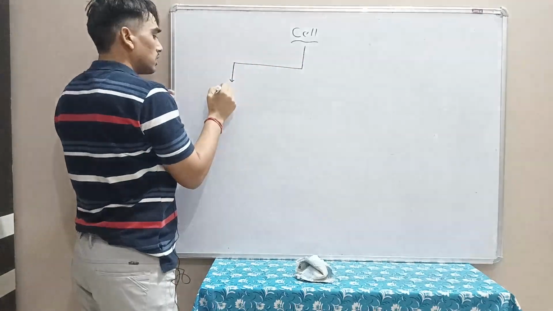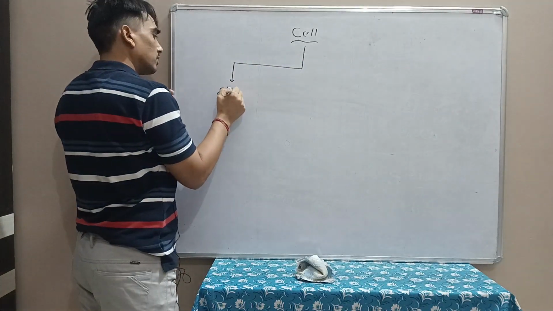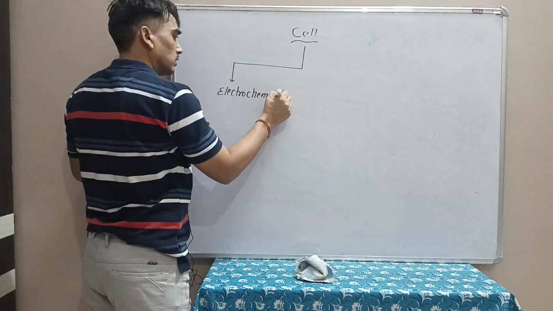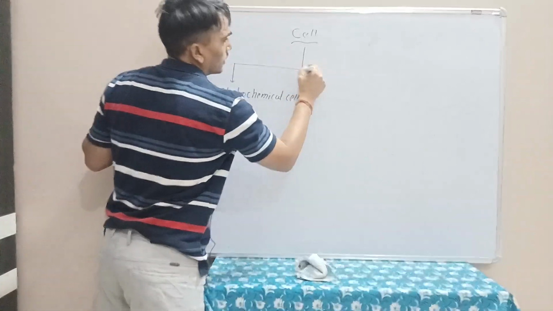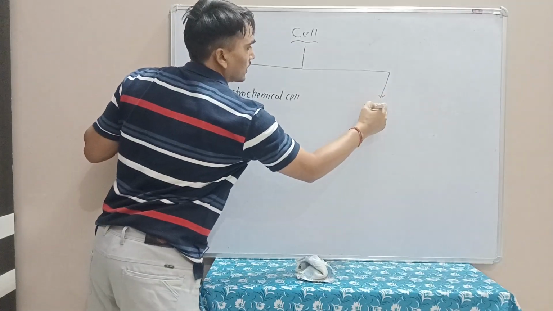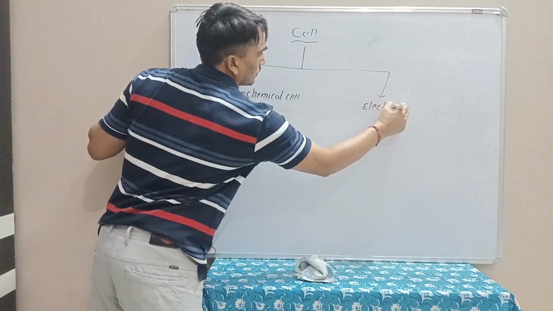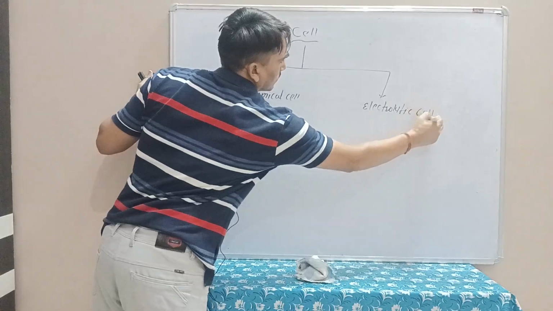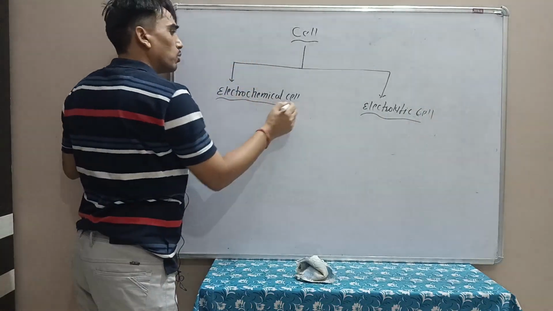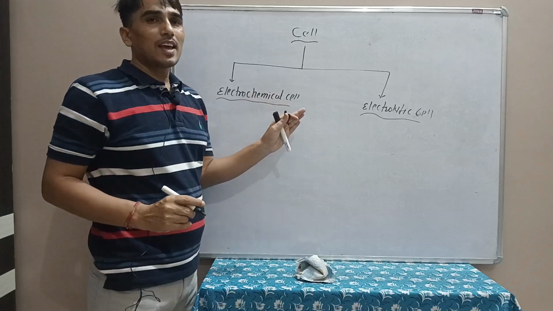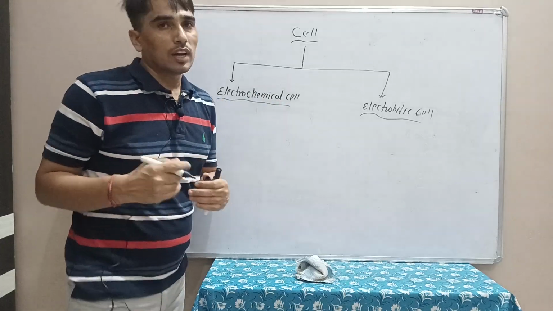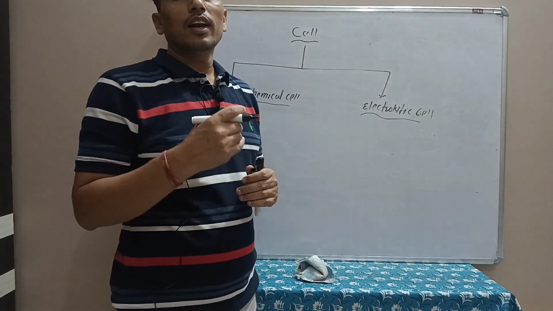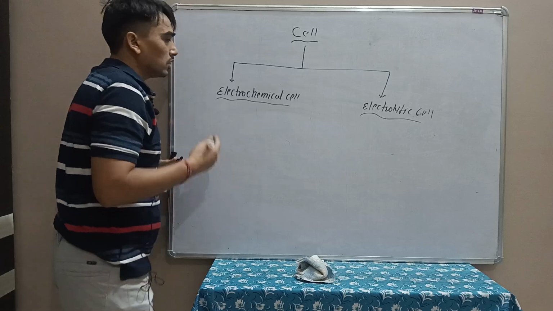The first type is the electrochemical cell, and the second one is the electrolytic cell. What is the difference between both? An electrochemical cell converts chemical energy into electrical energy, and an electrolytic cell converts electrical energy into chemical energy.